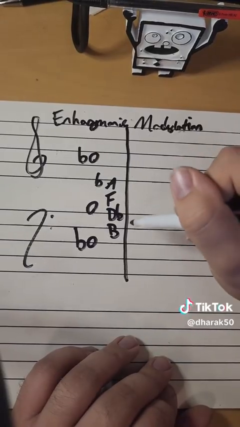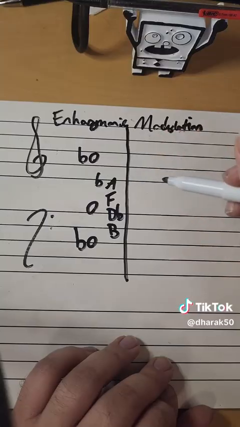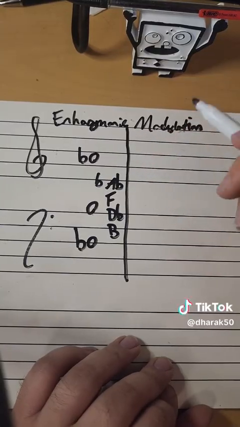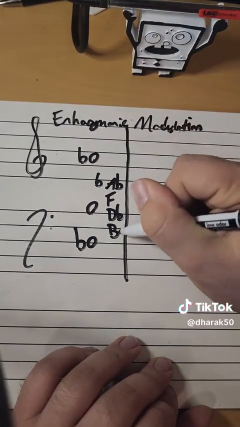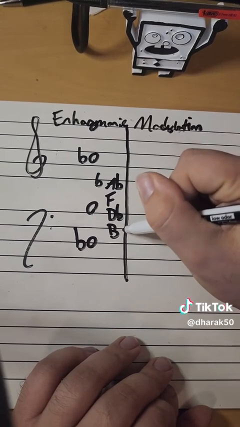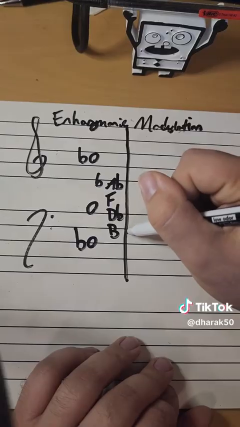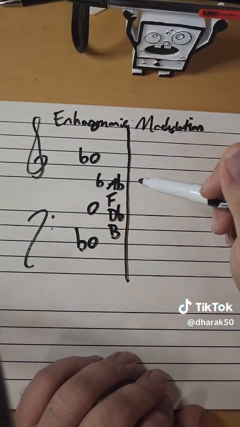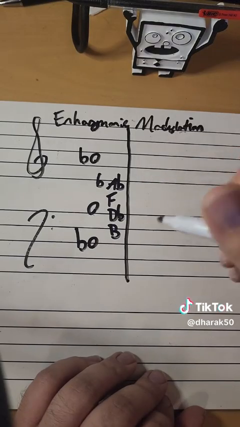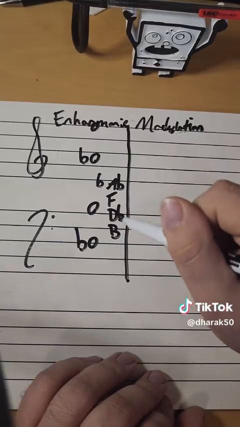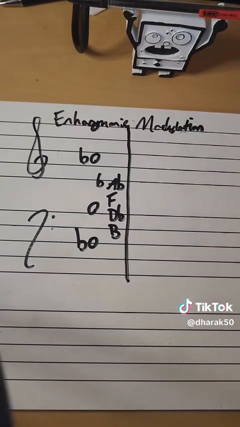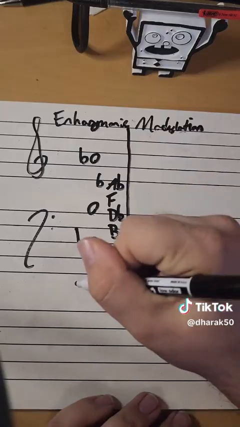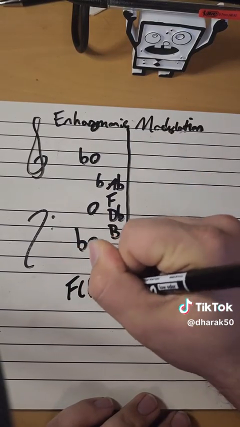B, D flat, F, and A flat. So remember, we'd probably raise this to make it a German 6. So this would be an altered 4 German 6, however you want to think about it, in what key? Yes, it's going to be F major or F minor, right?